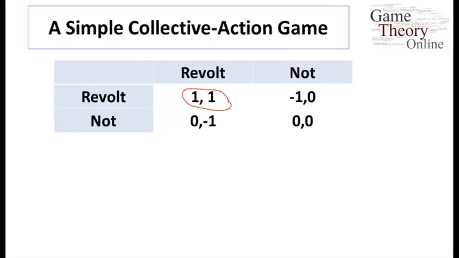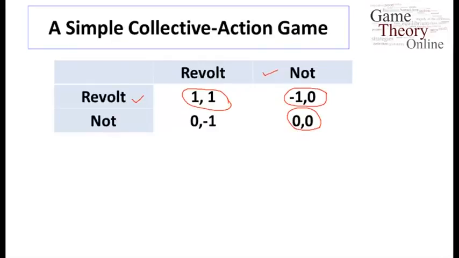Their revolution is successful and they get some positive payoff. If they both decide to stay home, nothing of note happens. However, if one of them revolts and the other does not, then the revolutionary fares very poorly, and again, the person who stayed home, nothing of note happens to them.